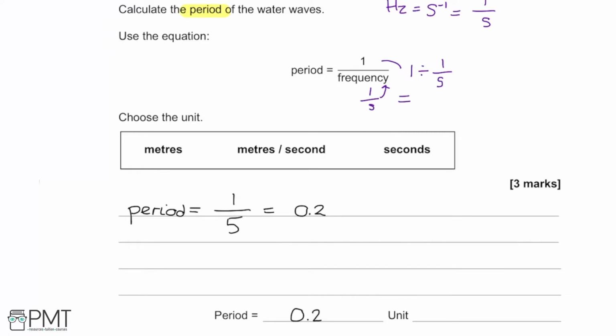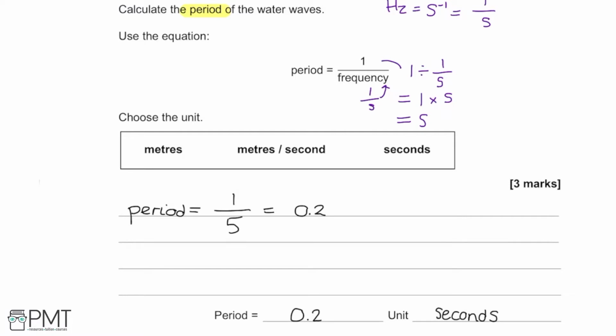And then this is the same as multiplying it by the reciprocal. So 1 multiplied by the reciprocal of 1 over seconds, which is just seconds. So the units for the period are 1 multiplied by seconds. So we're just left with seconds as the unit. So then we can go down here and write that in as the unit.